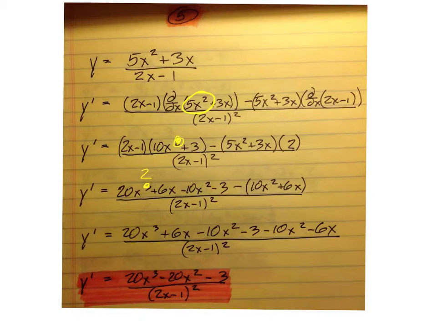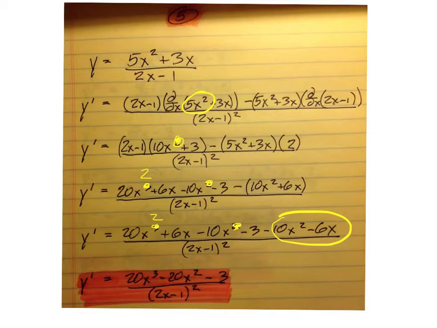And this one is just going to be simply 10x. So that does alter it a little bit there. This one out here would still be okay at that point. So we can go back through and look at it as 20x squared right there, and then plus 6x minus 10x.